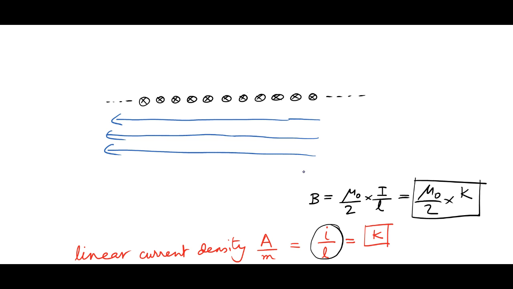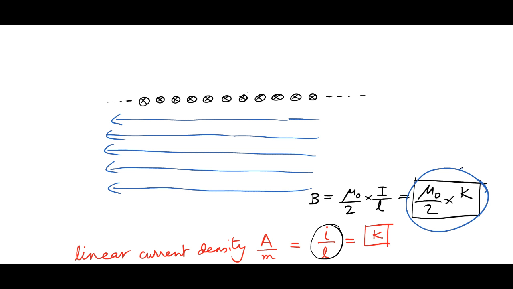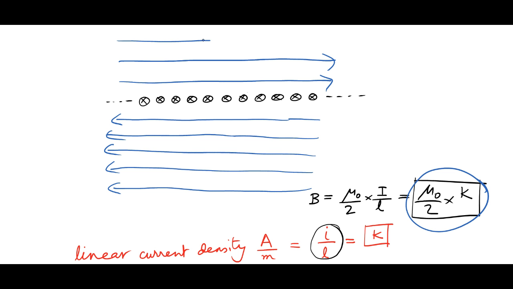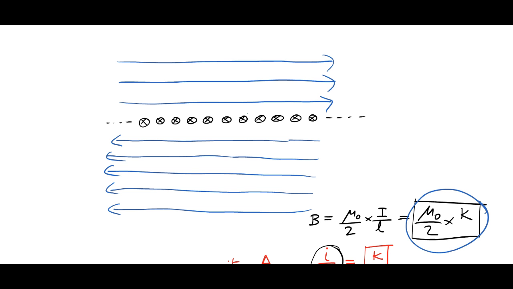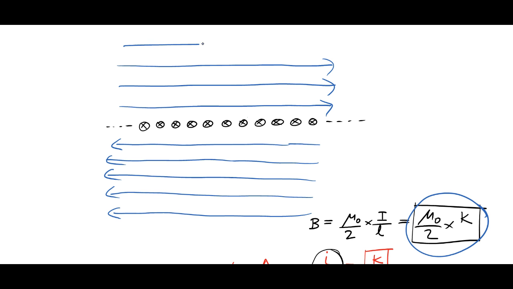So these would be the field lines in the lower part, that is below the plane, and all of them go towards the left. The magnitude of the field, of course, is mu naught k by 2, and above the plane the field lines are going to be uniformly dense like that, and all of them would be going rightwards.